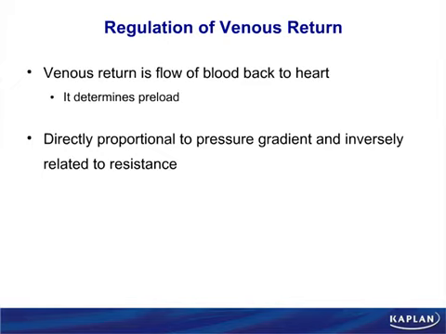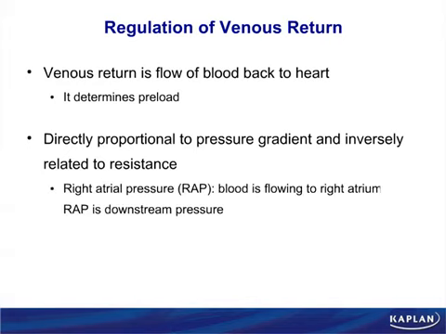Pressure, flow, resistance. Now, right atrial pressure. This is blood flowing into the right atrium. So venous return ends up, its final destination is the right atrium. So hopefully it makes sense to you that right atrial pressure is the downstream pressure for venous return.